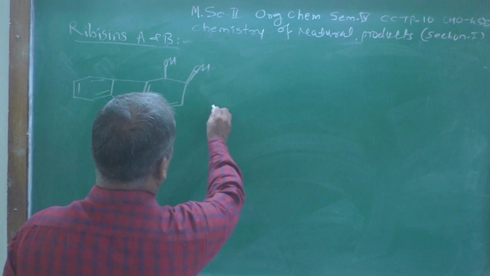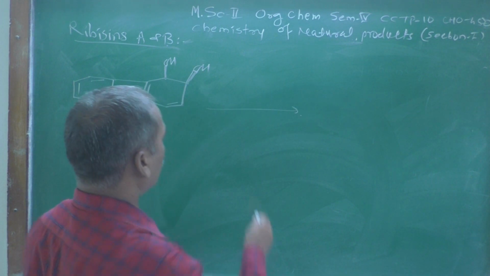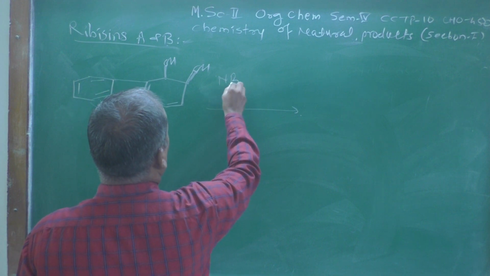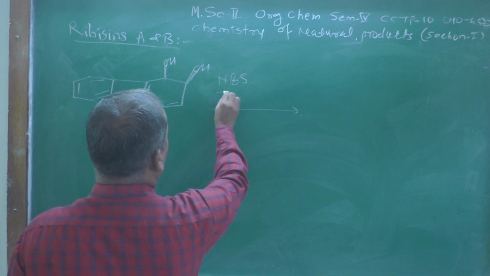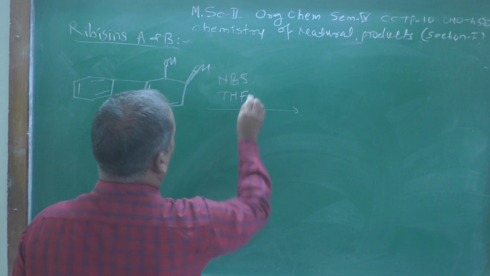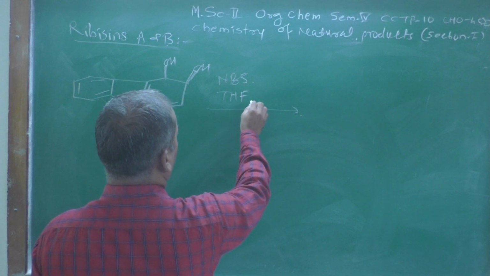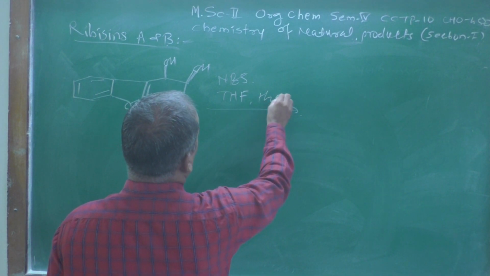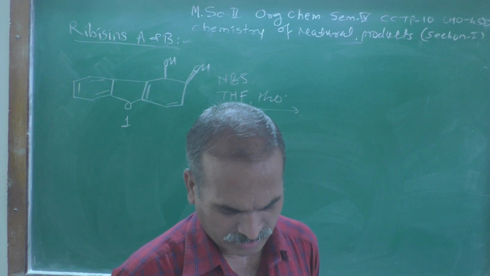When this compound number 1 is further treated with a reagent like NBS, N-bromosuccinimide, THF, tetrahydrofuran, used as a solvent, as well as water, H2O, what do you get?